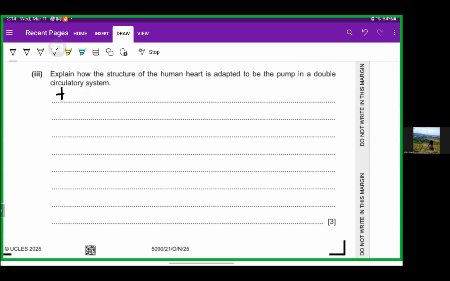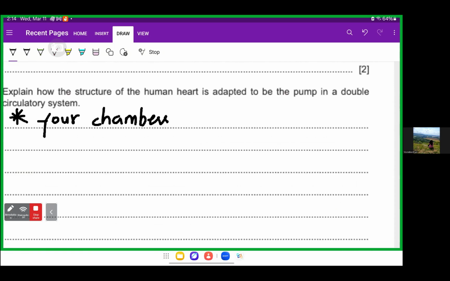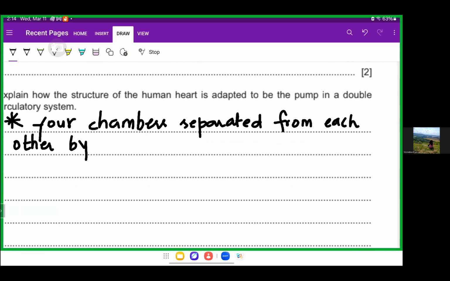The first thing is that it has four chambers separated from each other by septum, or in plural, septa.